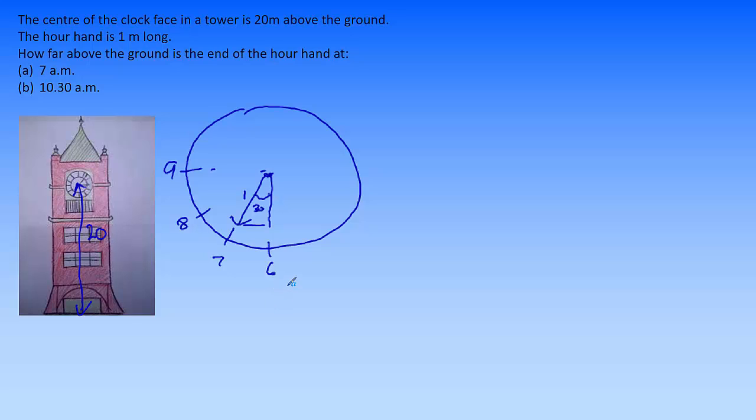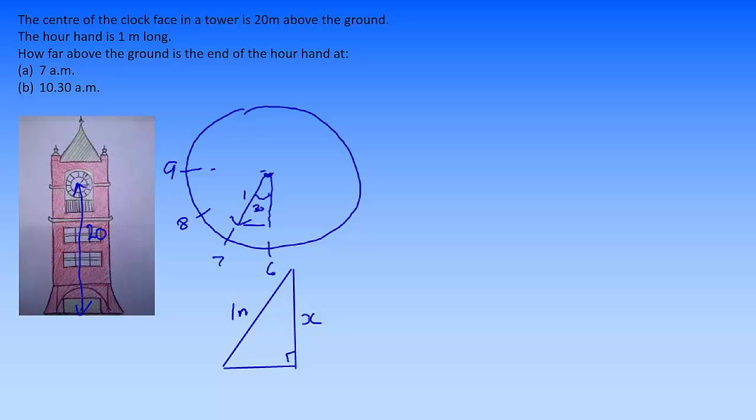Let's just draw that triangle out a bit better than that. So it looks something like that. So this is the straight down towards the 6, and that's the distance that we actually want. Let's call it x.